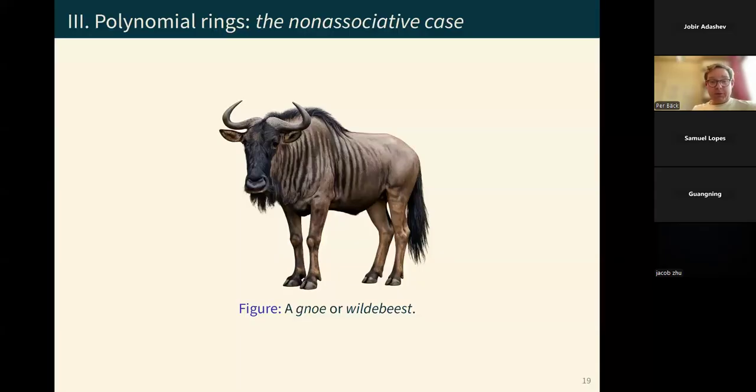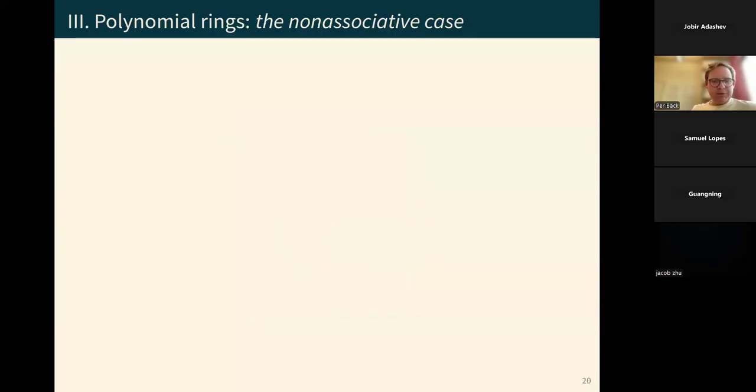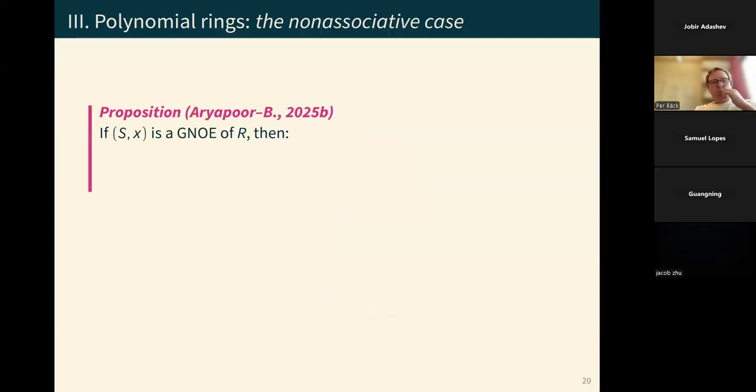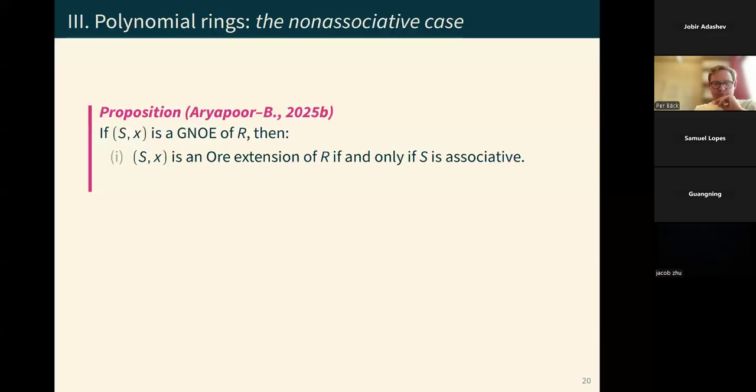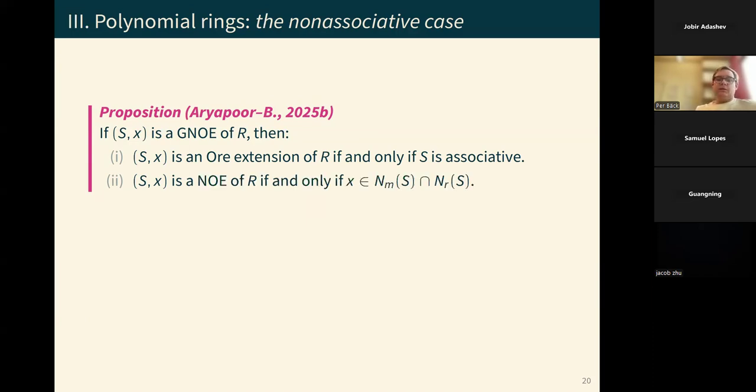Okay, so are there other examples than these creatures of these rings? Well, Ore extensions are exactly the associative GNOEs. So they are precisely the GNOEs that exist in the associative setting. And then if this X lives in the middle and right nucleus, then you are precisely looking at non-associative Ore extensions.